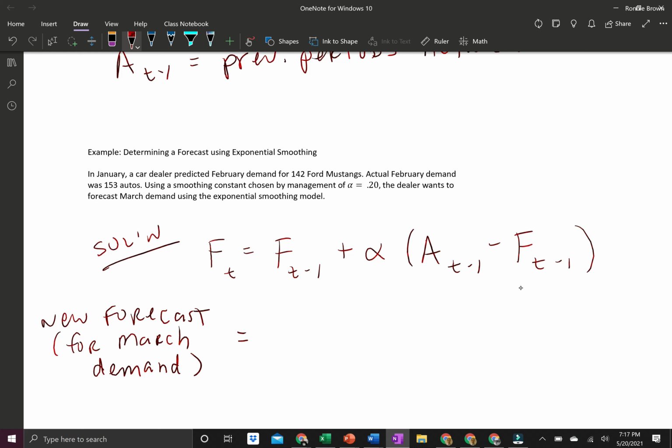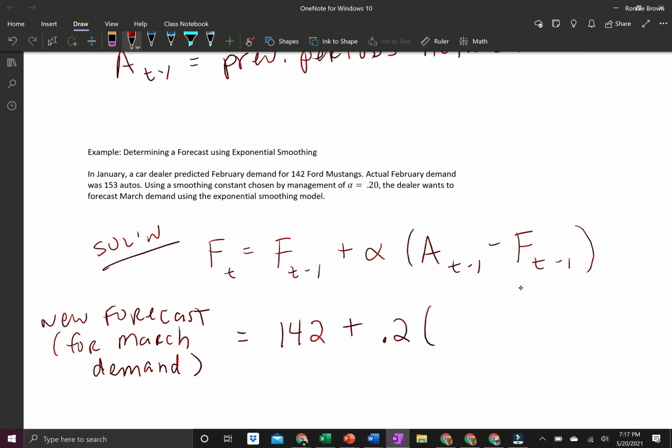We said f sub t minus 1 was the previous period's forecast, and that's 142. And then we add alpha, and we're going to multiply alpha times that entire quantity that we see in parentheses. Alpha was chosen by management as 0.20. And now we have the alpha being multiplied times the quantity of a sub t minus 1.